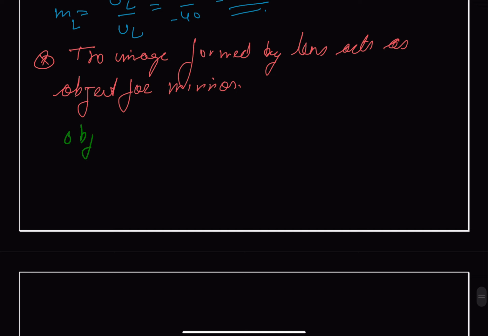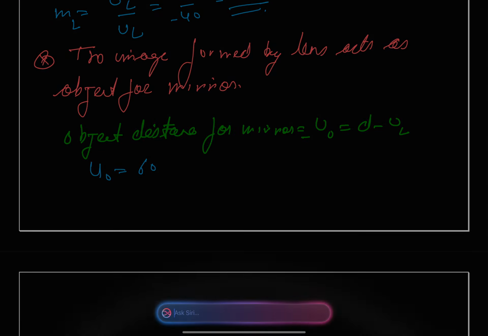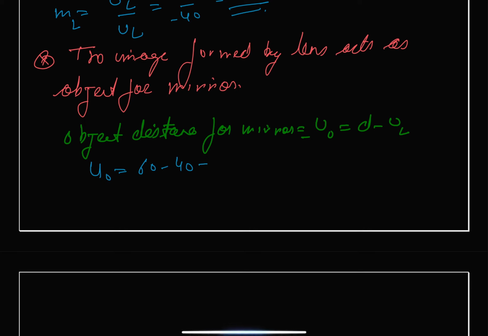Let us call it U naught, which will be equal to D minus VL. So U naught will be equal to 60 minus 40, which is 20 centimeters.